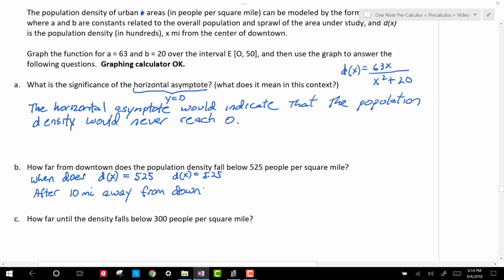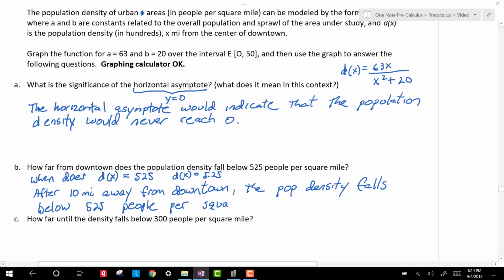So after 10 miles away from downtown, the population density falls below 525 people per square mile. Okay? So that's the meaning of the graph at that point.